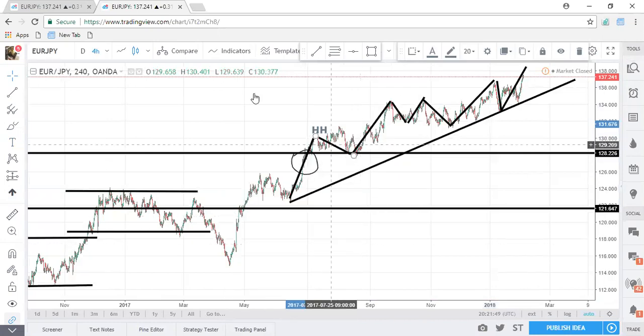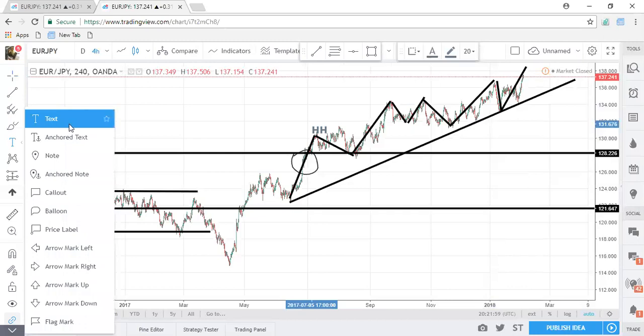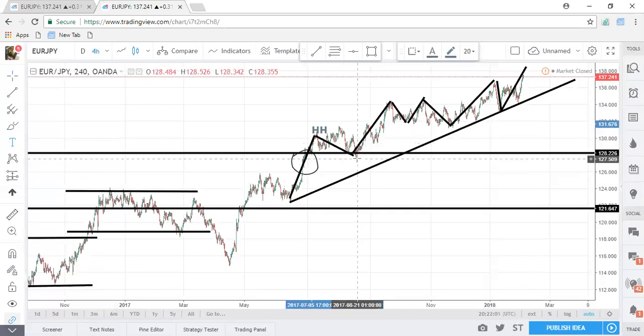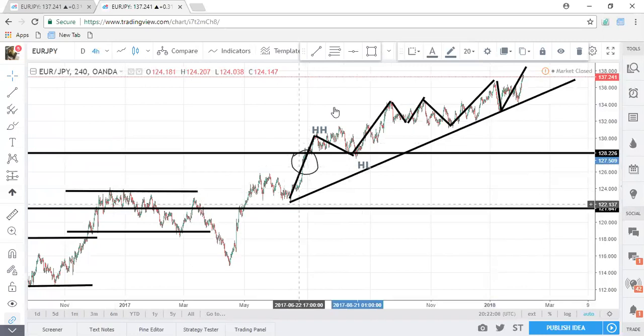Higher high, higher low. So we got a higher high, higher low. This is basically a higher low. This is where the trend began. So this will be my higher low also.